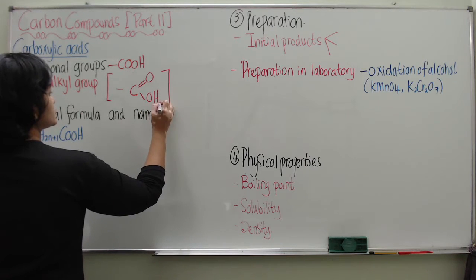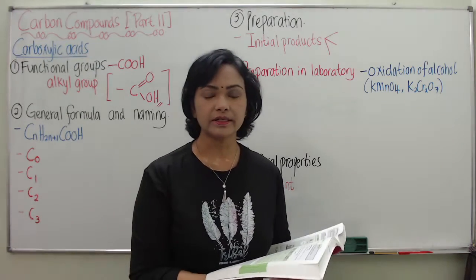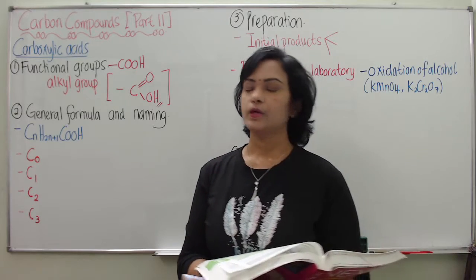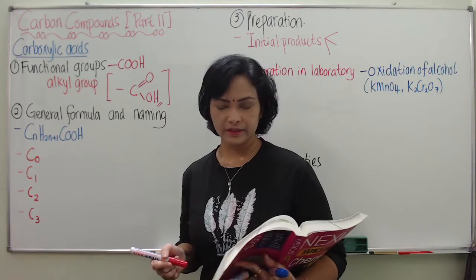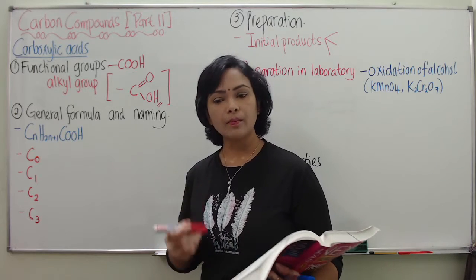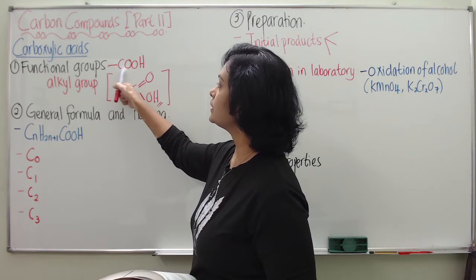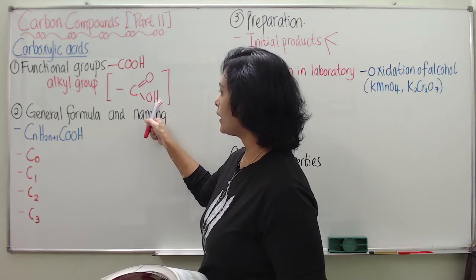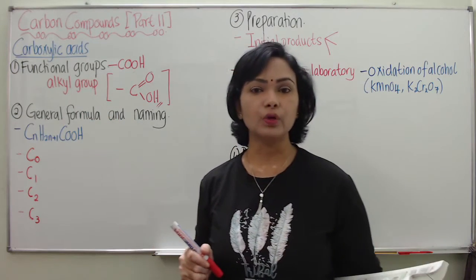The presence of OH shows that carboxylic acid is derived from alcohol. So oxidation of the alcohol homologous series will produce carboxylic acid, where the functional group is COOH, and the functional groups are called alkyl group.